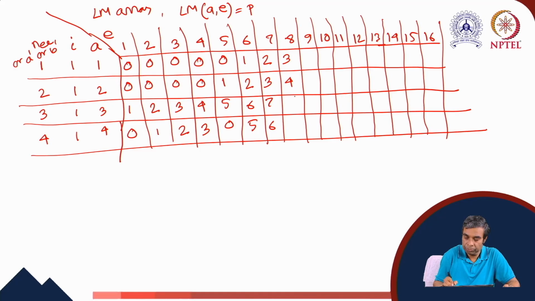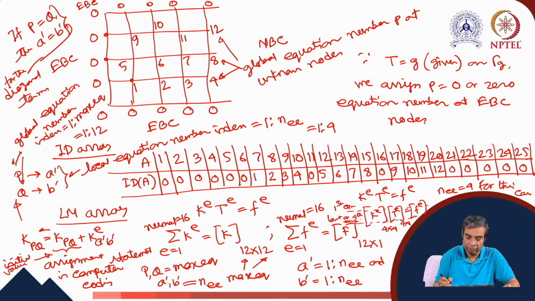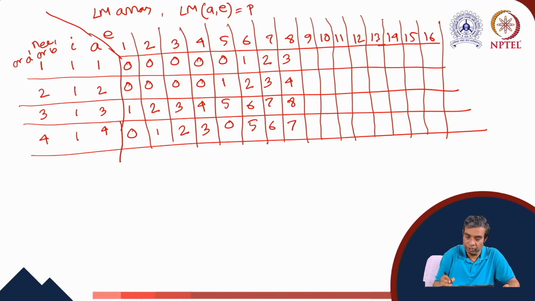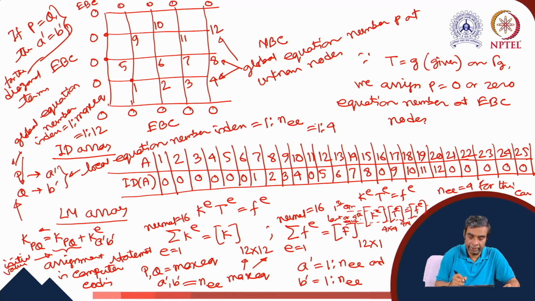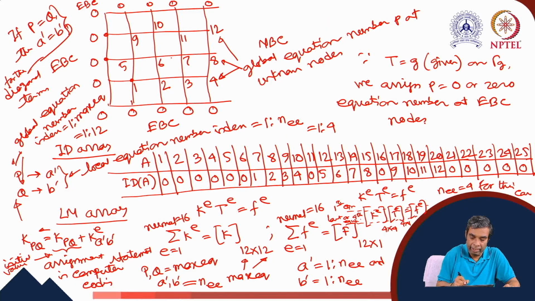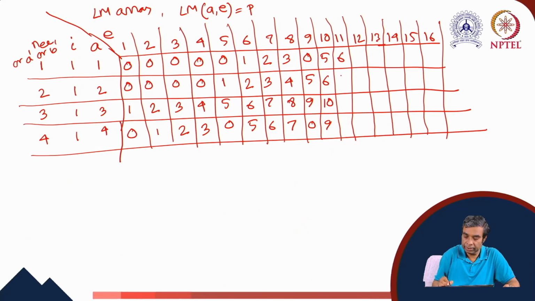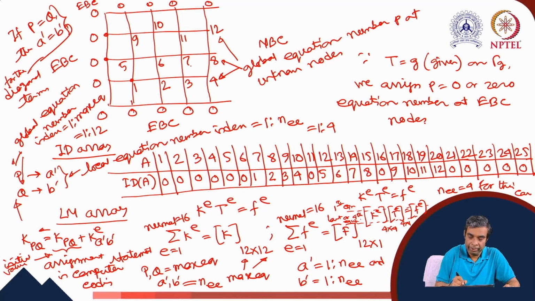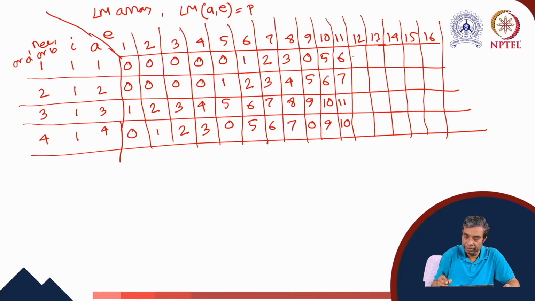For the ninth element, 0, 5, 9, 0. For the 10th element, 5, 6, 10, 9. For the 11th element, 6, 7, 11, 10. For the 12th element, 7, 8, 12, 11.